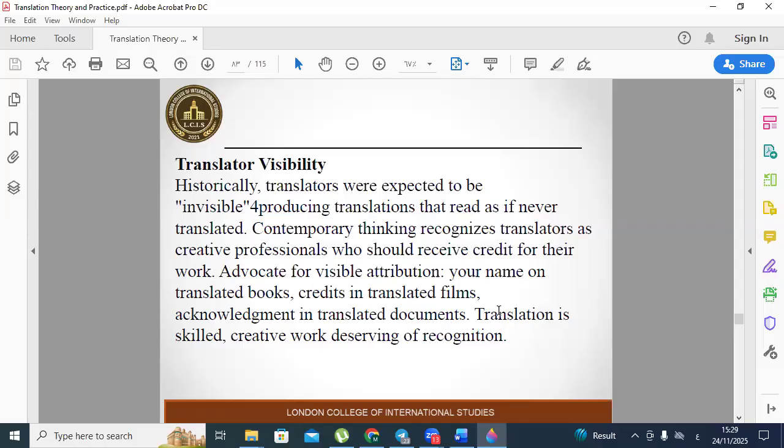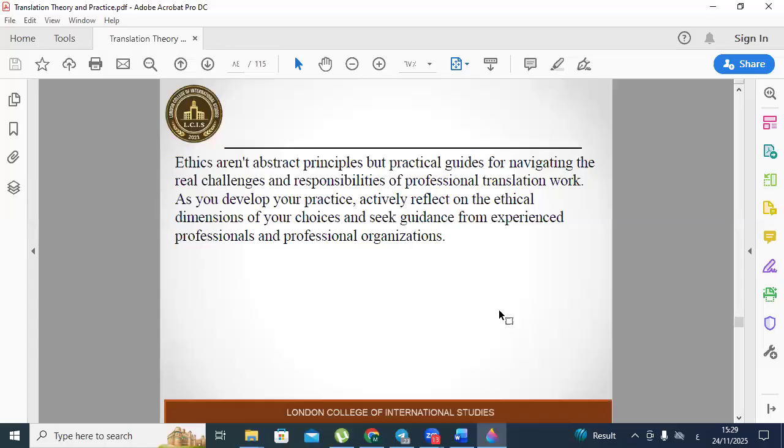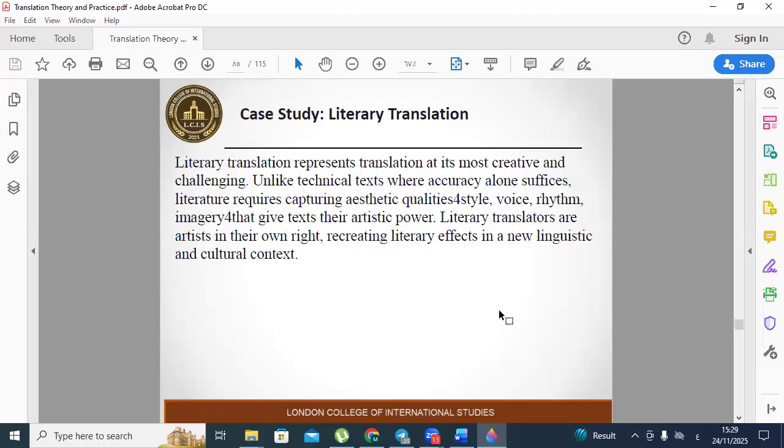Translation is skilled creative work deserving of recognition. Ethics aren't abstract principles, but practical guides for navigating the real challenges and responsibilities of professional translation work. As you develop your practice, actively reflect on the ethical dimensions of your choices and seek guidance from experienced professionals and professional organizations.